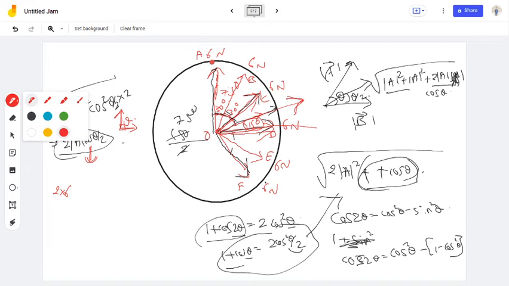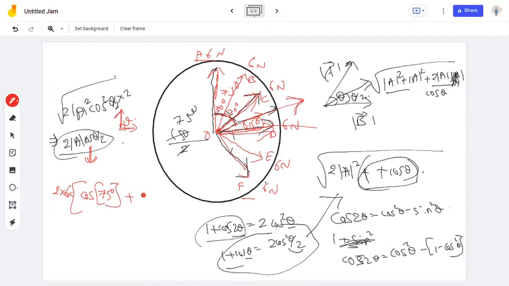So first let's try to find the resultant of A and F. The resultant of them will be 2A into cos of half the angle between A and F, which is 150 degrees, so cos 75 degrees, plus cos of the angle between this and this, 4 into 30, 120, 60 degrees, plus cos of the angle between this and this, which is 30 degrees, half of 30, 15 degrees.